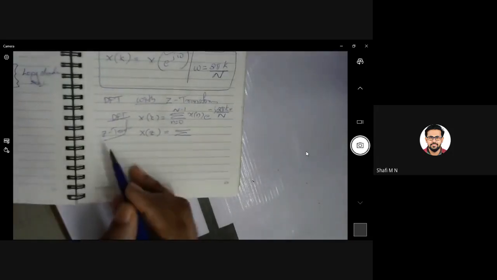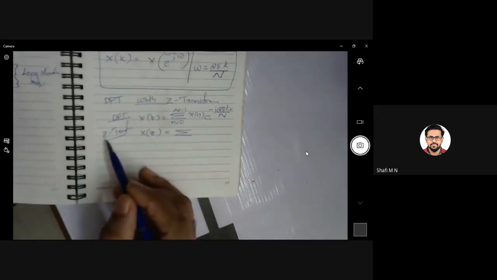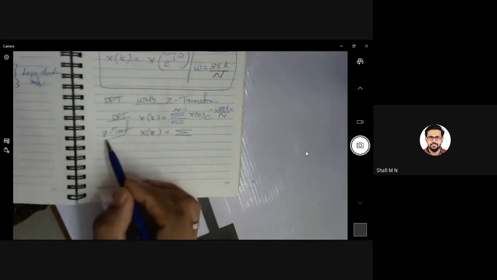For discrete you go for discrete Fourier series and discrete time Fourier transforms, DFT. In the S-plane, Laplace is for continuous and Z is for discrete.